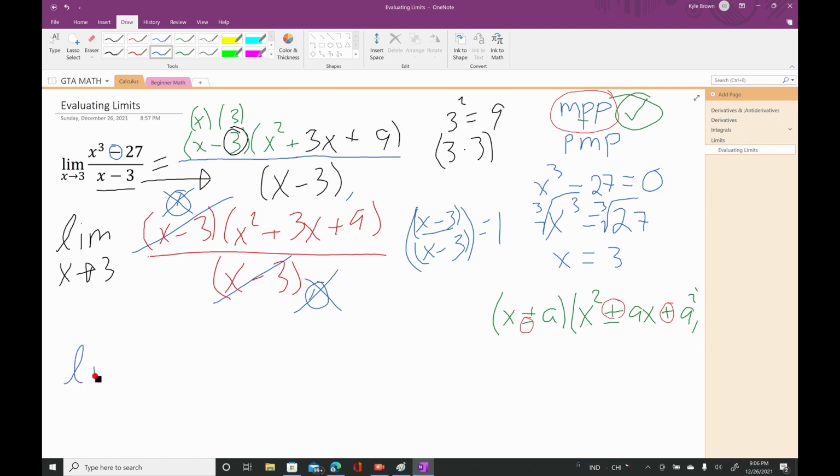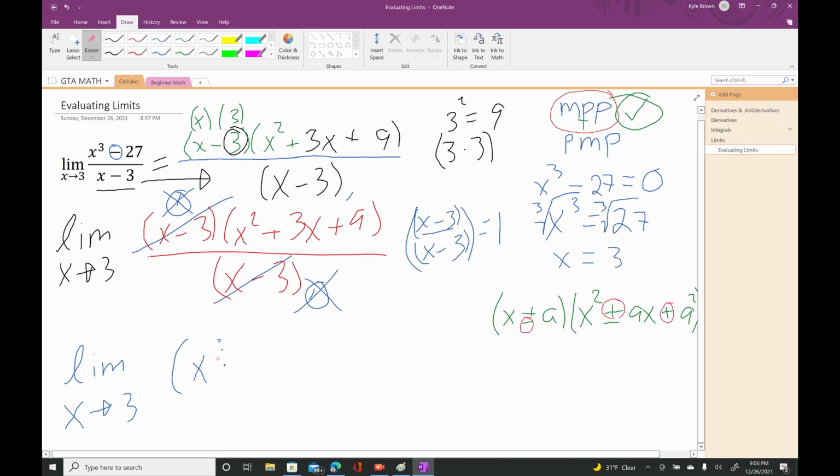And then now we're just left with the limit as x approaches 3. We're going to have x squared plus 3x plus 9.